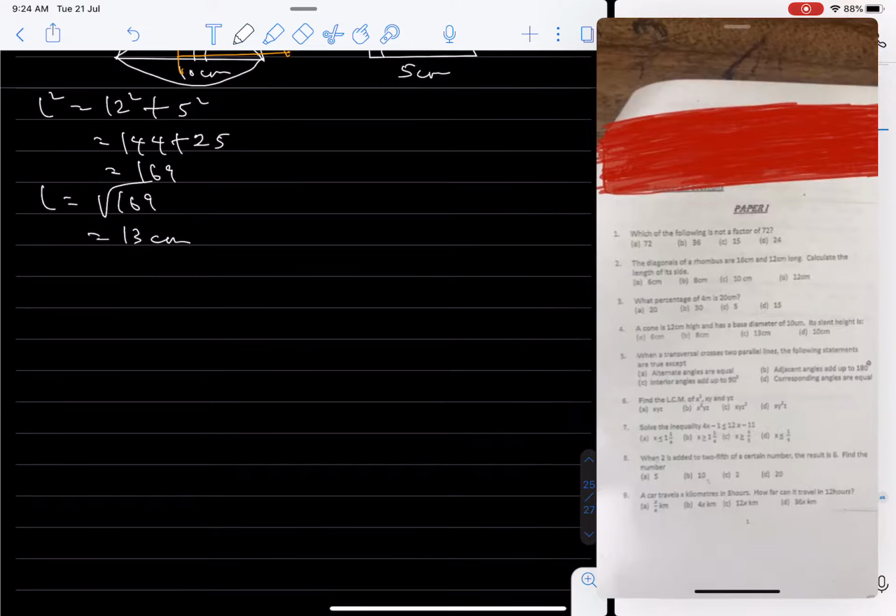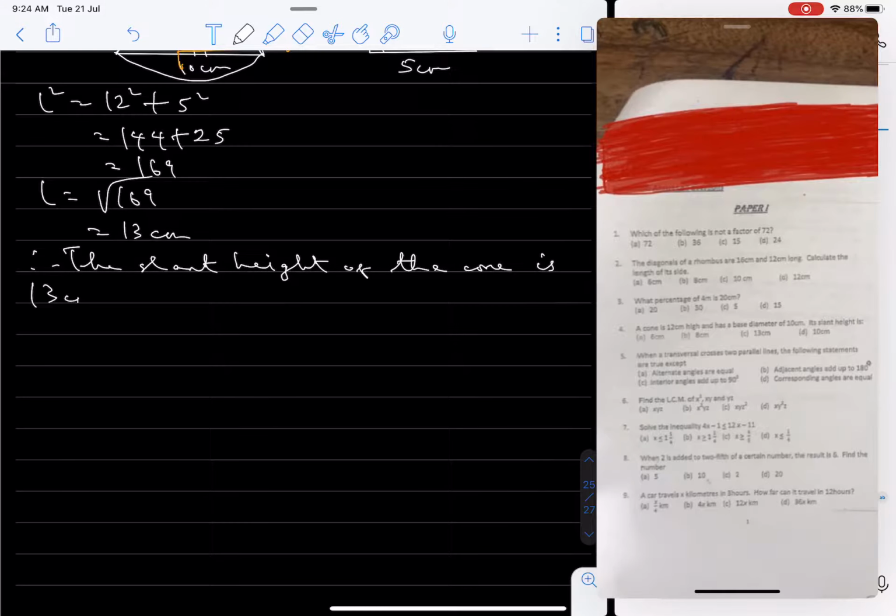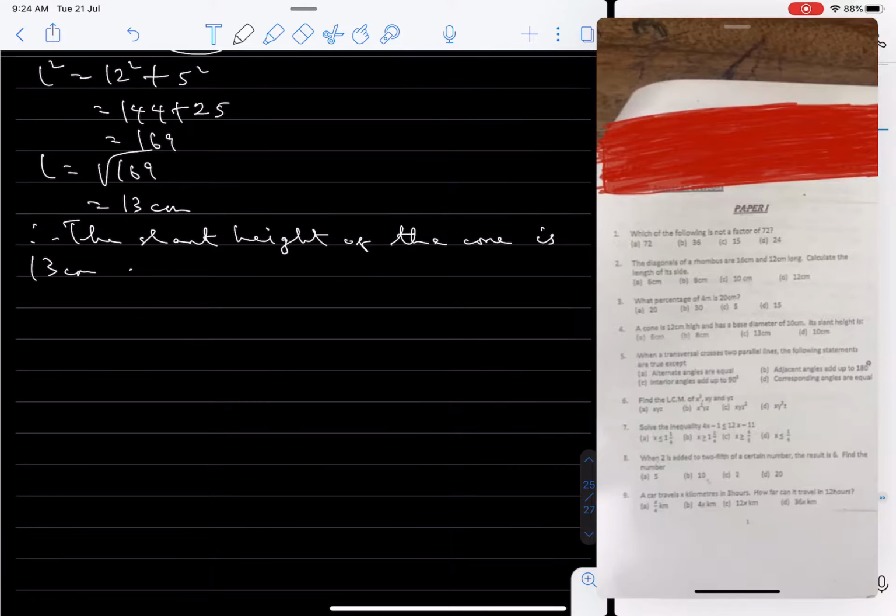So the slant height of the cone is 13 centimeters, and that's option C.